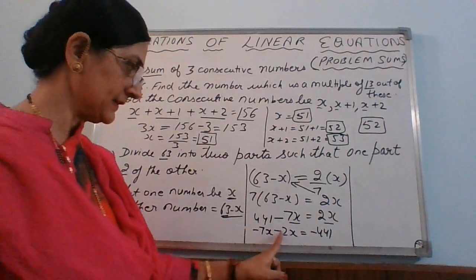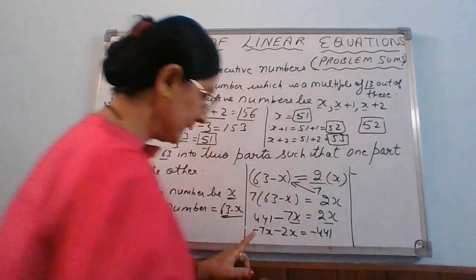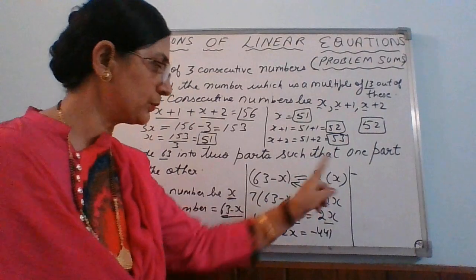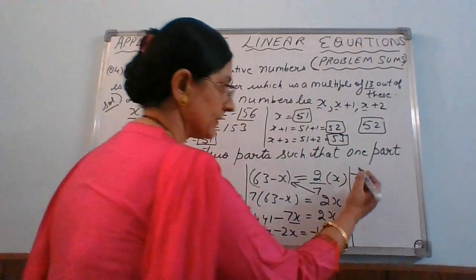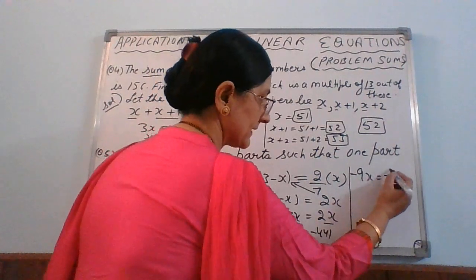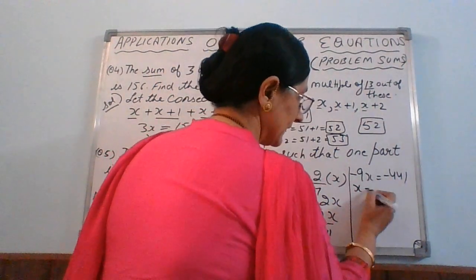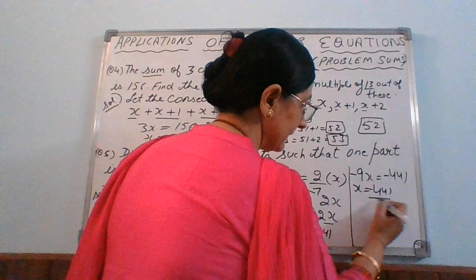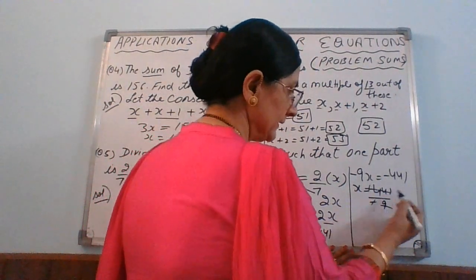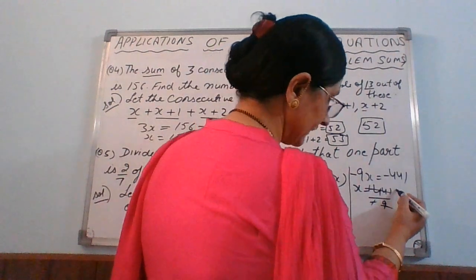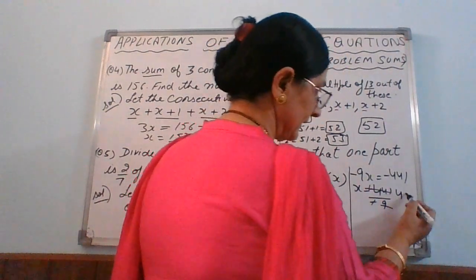Now what will it be here? -9x. The sign will be negative because 7 is greater, so we put the sign of the greater number. So that is minus. Minus minus is plus, 7 plus 2 is 9x, and there you have 441. So when you find x, it is -441 by -9. The minus cancels, divide by 9: 9 4s are 36, 9 9s are 81.